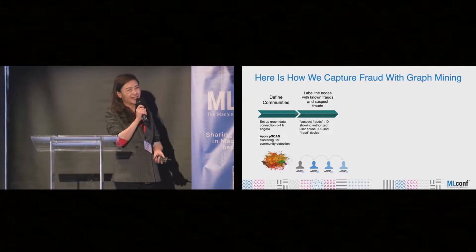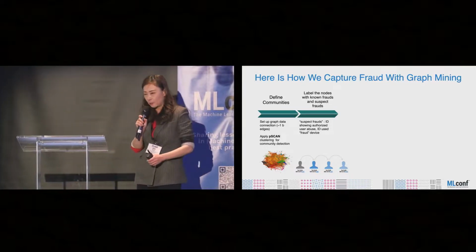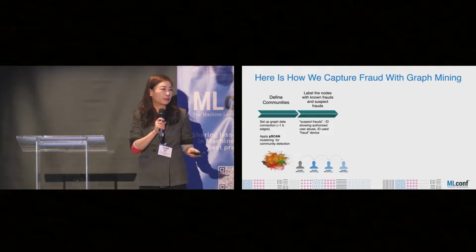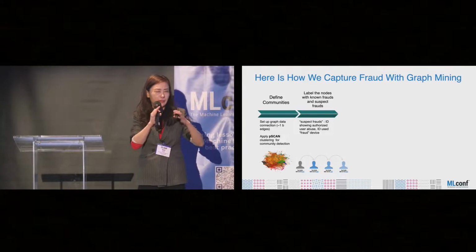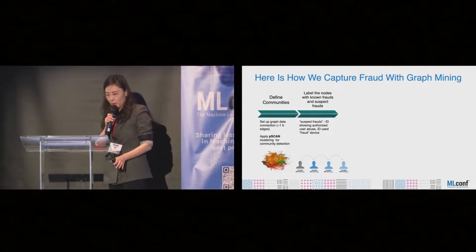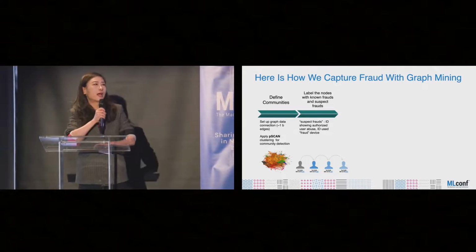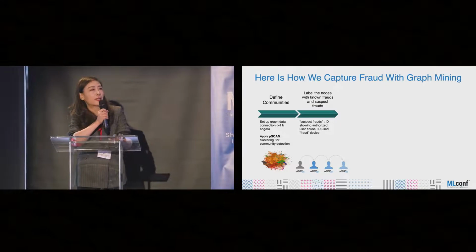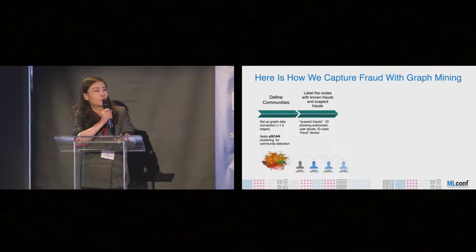At this stage you build a really large graph network, something that looks like this, with everything put together. With 100 million transactions, we have a graph network with close to 1 billion edges.